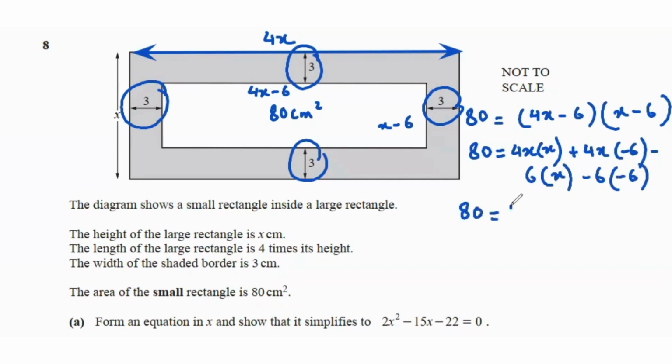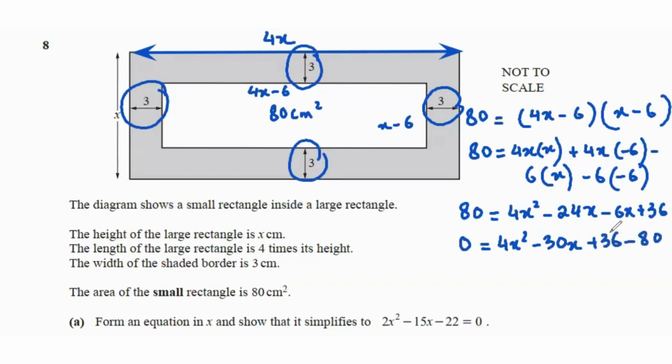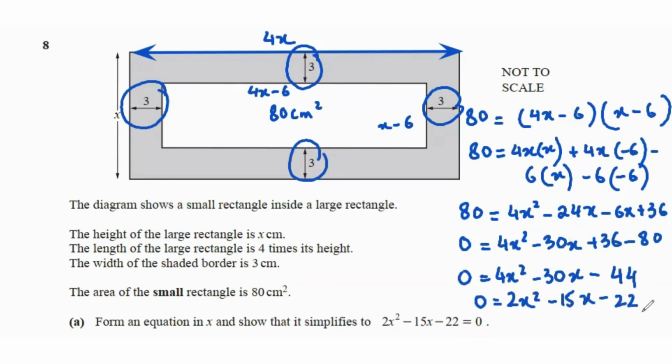So that's going to be 4x squared minus 24x minus 6x plus 36. 0 equals 4x squared minus 30x plus 36 minus 80, which becomes 4x squared minus 30x minus 44. Divide the entire thing by 2. So we're going to have 2x squared minus 15x minus 22. And that's what the equation is in the question.